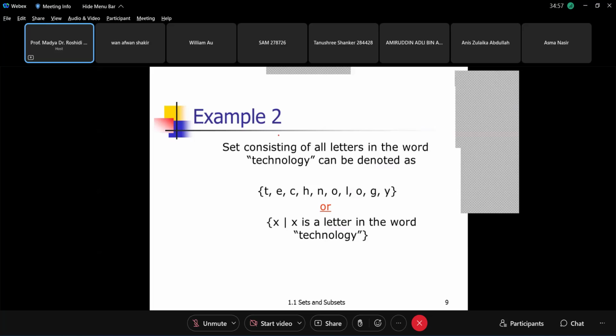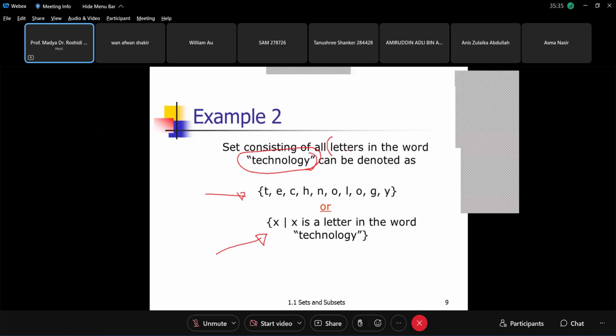Okay, second example. The set containing all letters in the word technology can be denoted as follows. How do we represent this word in a set? We can represent it either through this representation: T, comma, E, comma, C, until comma, Y, close the bracket. Or we represent it through the description: x is a letter in the word technology.